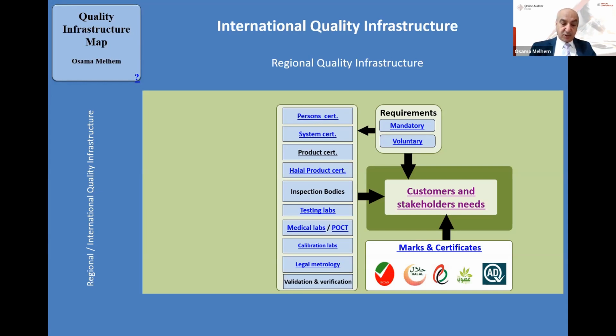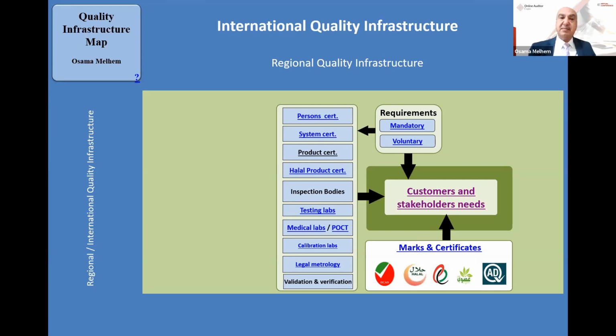A new category for the CABs is the validation and verification. This is according to the new standard 17029 issued in 2019. Validation and verification is a special conformity assessment body for the claims.